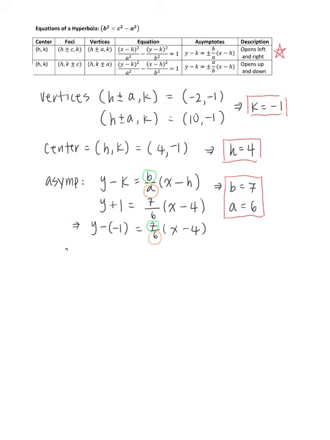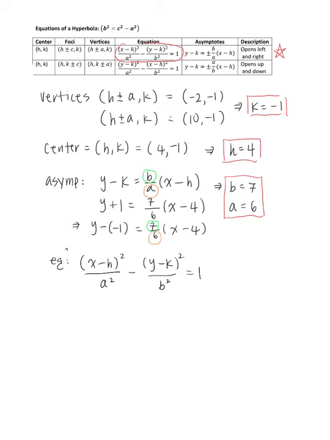So the equation is going to look something like this. Our equation better look like x minus h squared over a squared minus y minus k squared over b squared equals 1. Now all we have to do is plug and chug the numbers that we got.